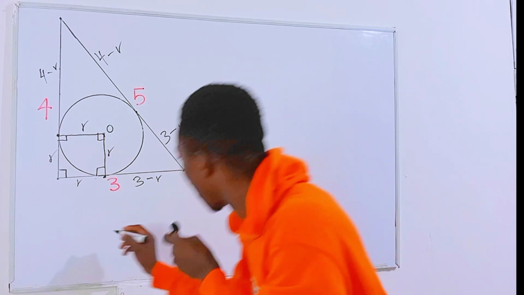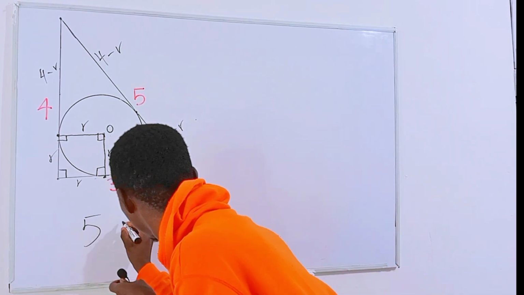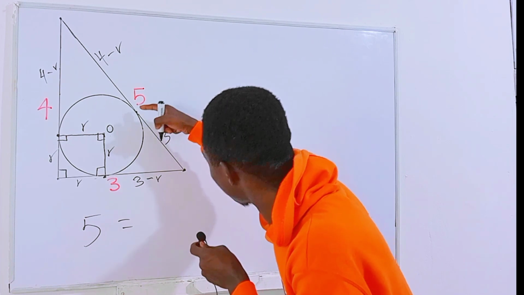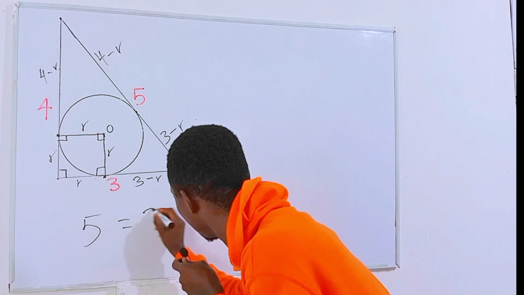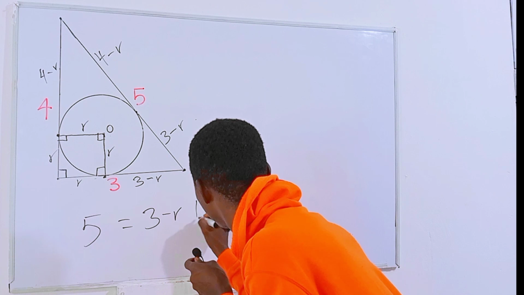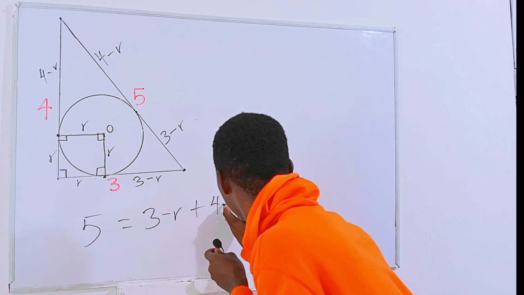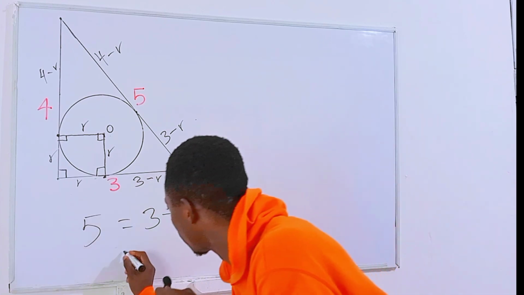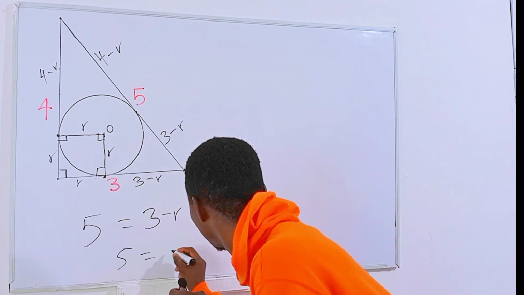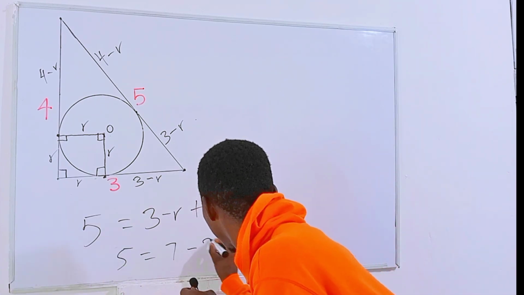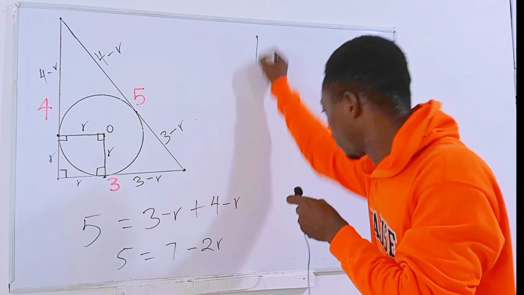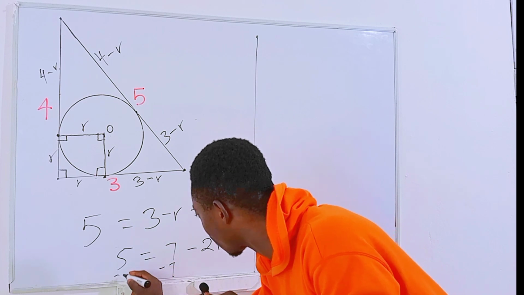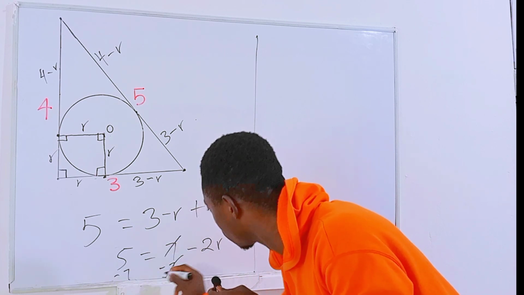Cool. So we're going to have 5 is equal to this right here from here to here plus from here to here. So we're going to have 3 minus R plus 4 minus R. This is the equation. So we will have 5 is equal to 7 minus 2R. In fact, let's go ahead and then minus 7 on each side of the equation so that this and this will go.